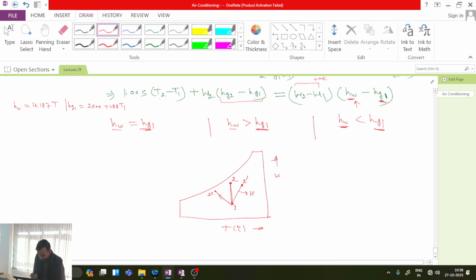So this is a process of heating and humidification. And the other process in which when liquid water is added to air, its enthalpy is less, so enthalpy of the air is utilized for evaporating the liquid water. That process will be nothing but cooling and humidification.